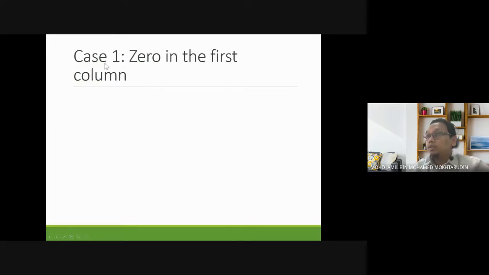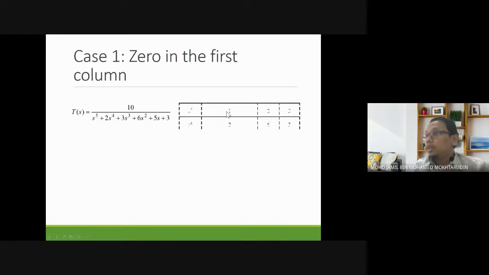Okay, so let's look at case number one, when you encounter a zero in the first column. Let's say you are given this transfer function. You generate the Routh table starting with s power of 5 and then s power of 4, and you fill the two top rows alternatingly with the coefficients.